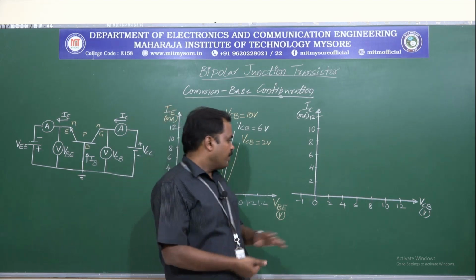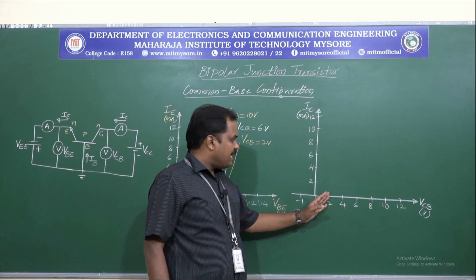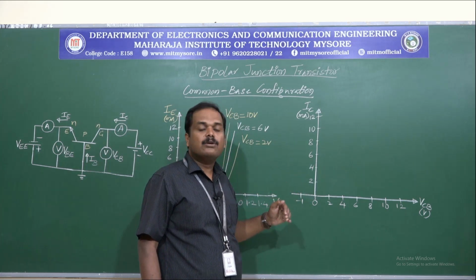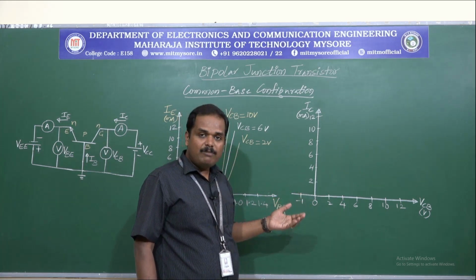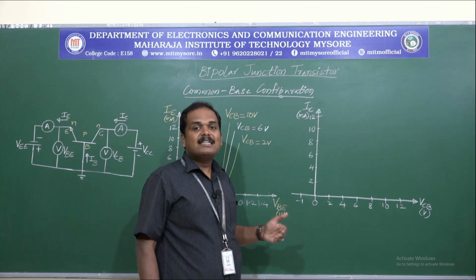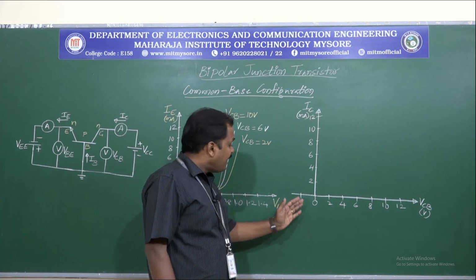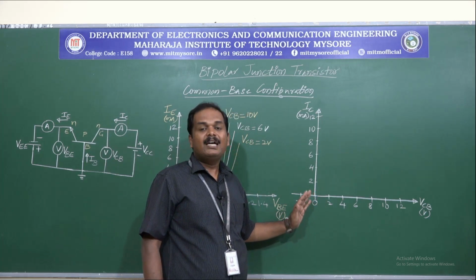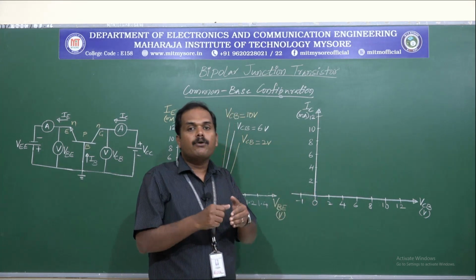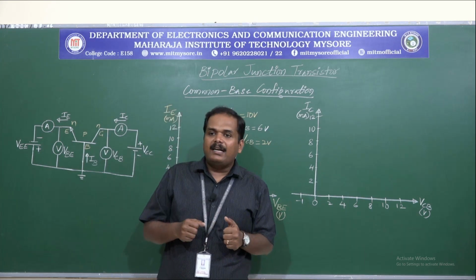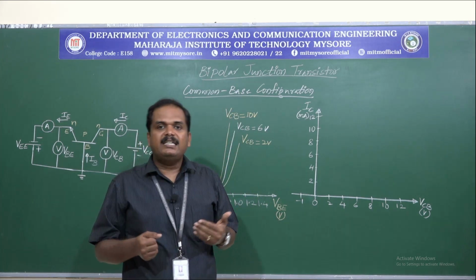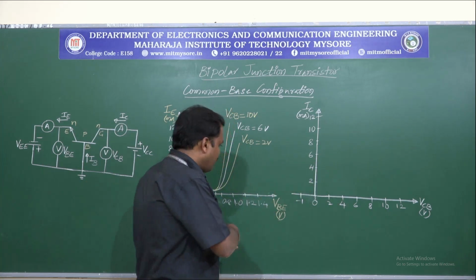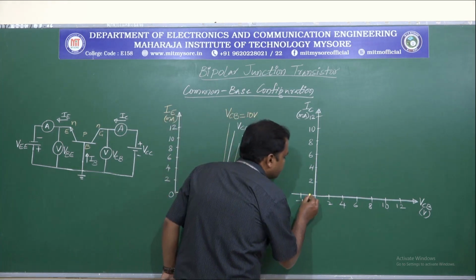right? So now if VCB is less than 0, then the BJT will be in saturation region. And as we move on towards the positive level of VCB, the device will move into active region and we'll be seeing the changes in the characteristics, right? So now let us plot these curves.